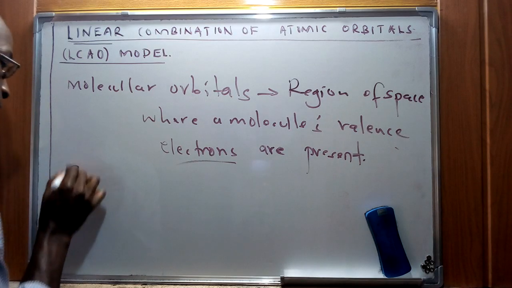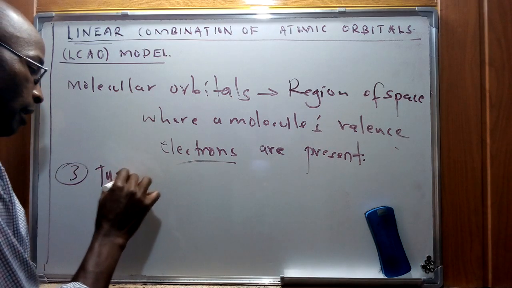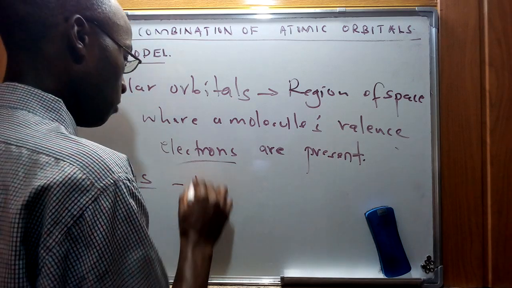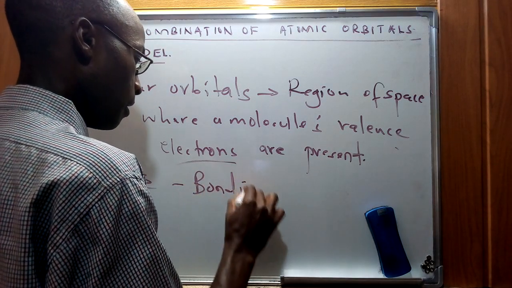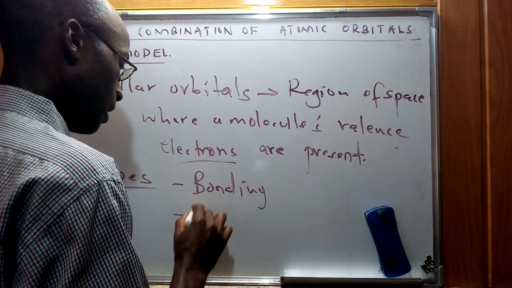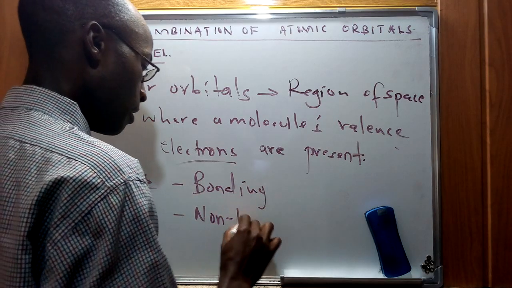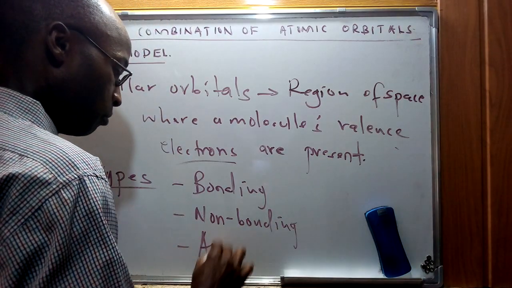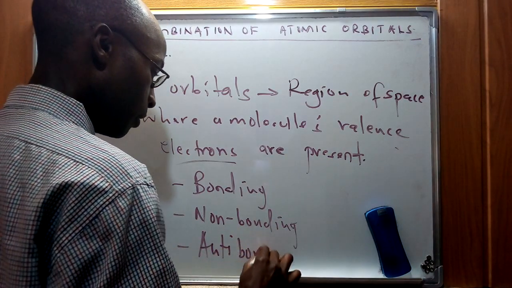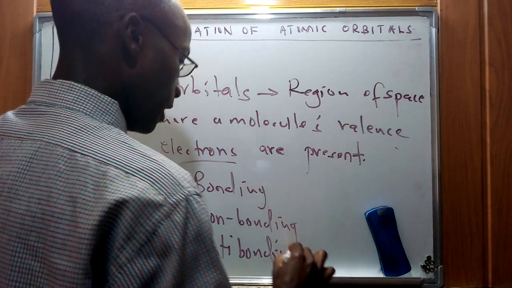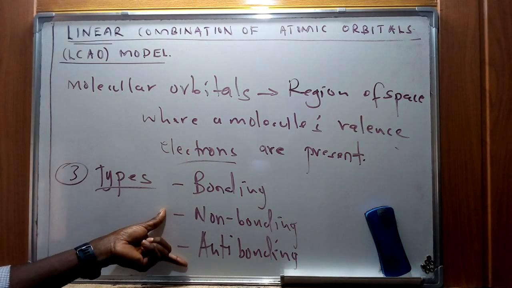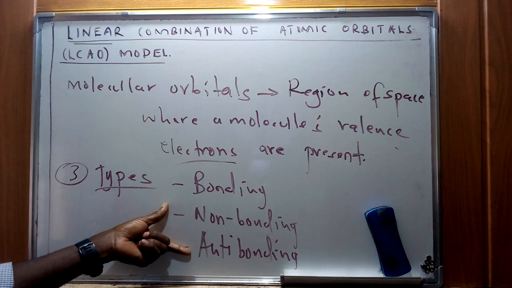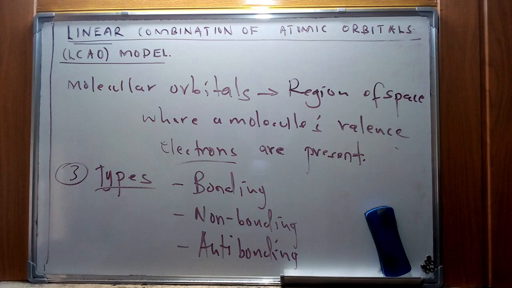So having said that, we are going to see that we can have different classifications, or rather three types of molecular orbitals: the first one is a bonding molecular orbital, and then non-bonding molecular orbital, and then lastly we're going to have anti-bonding molecular orbitals. Now we're going to use an energy level diagram to give a visual illustration of what I've referred to.